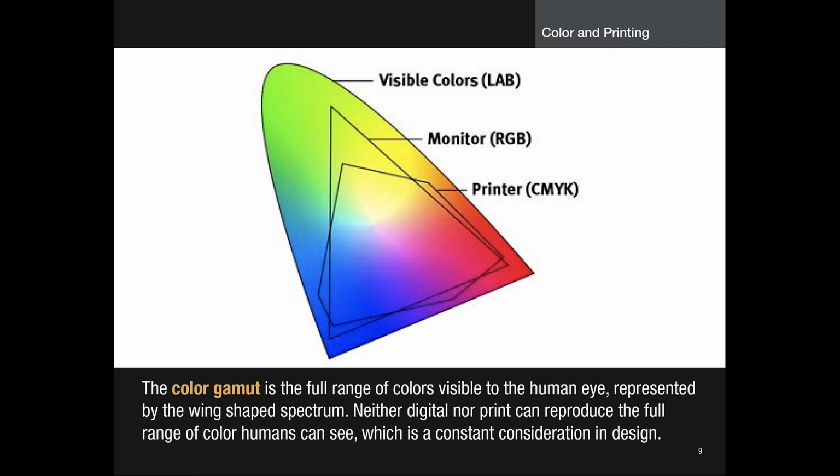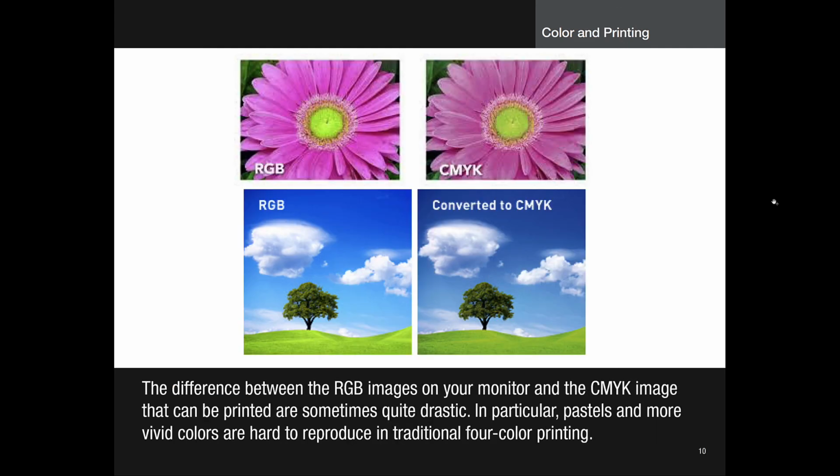Those are the range of colors that can accurately be reproduced in CMYK printing. And so what happens a lot of times is you'll design something on your monitor here, and it can't be printed accurately with the printer, or what you see with your human eye can't be reproduced on the monitor or in printing. And so there are some areas that are harder than others to reproduce in CMYK printing.